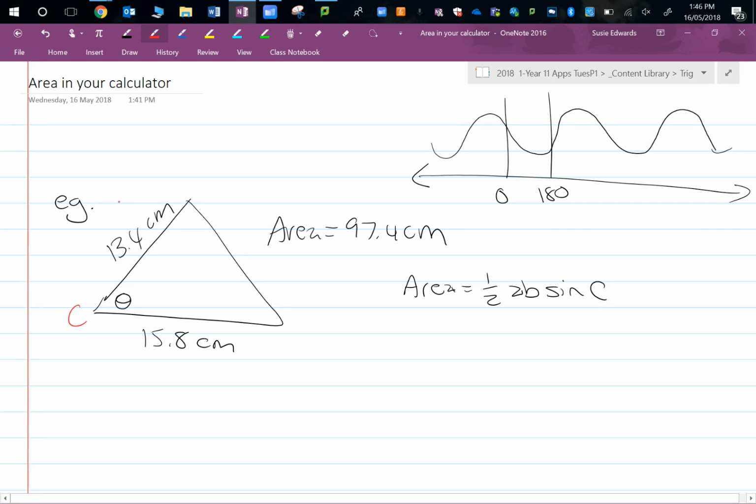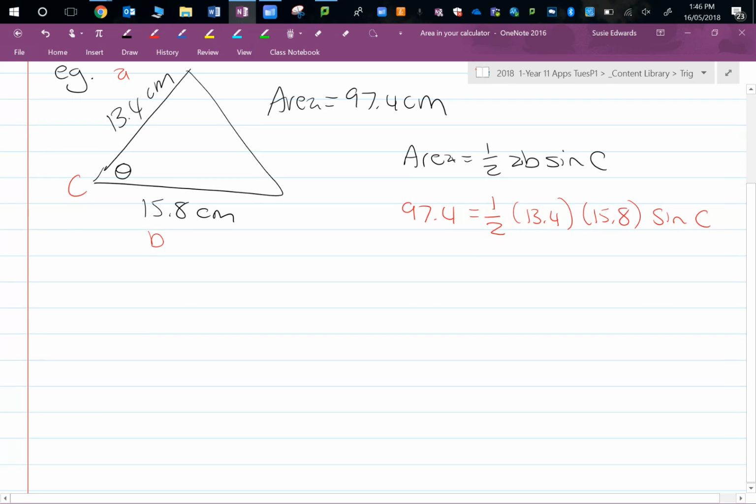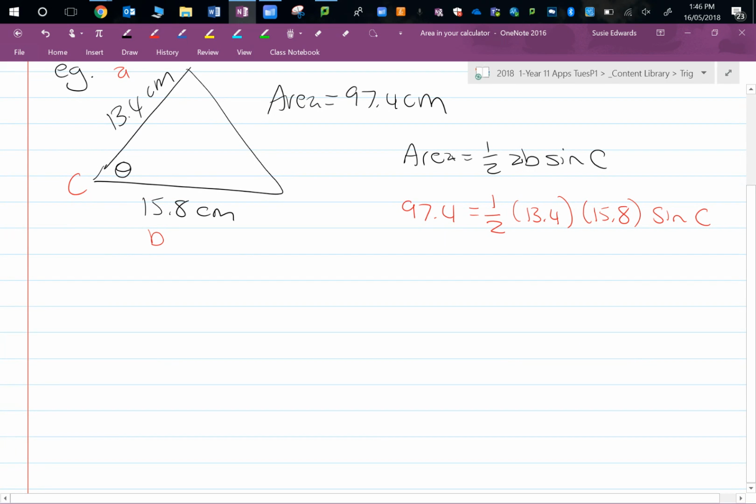So therefore, the other numbers have to be A and B. All right, so we go through that procedure and sub in all the numbers. So we've got 97.4 equals half of 13.4 times 15.8 times sine C. Everyone good to there?